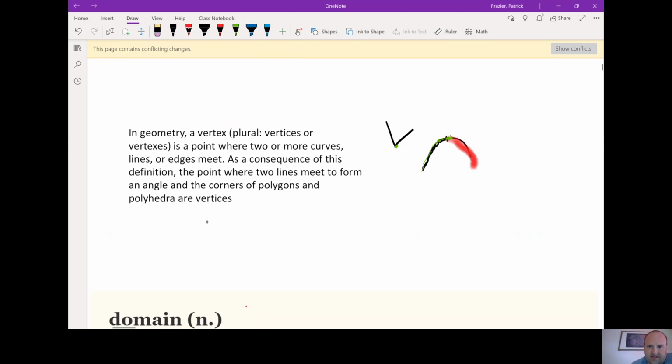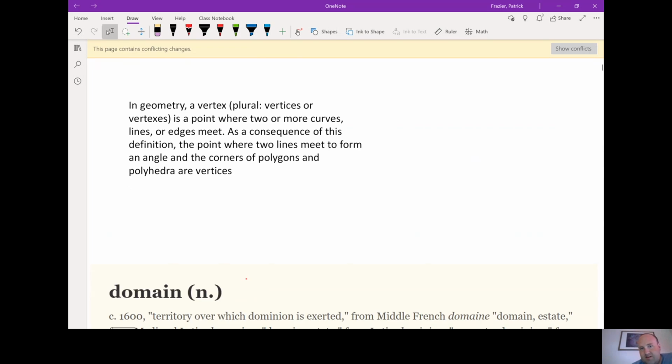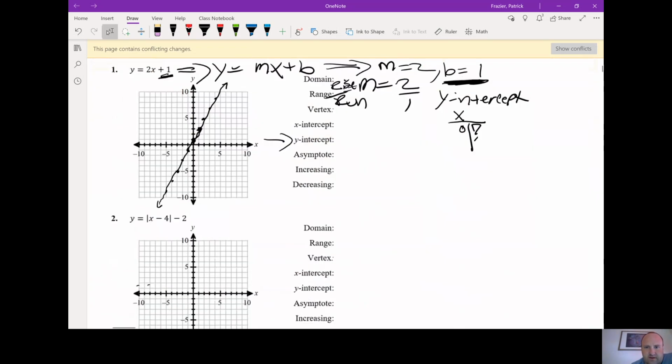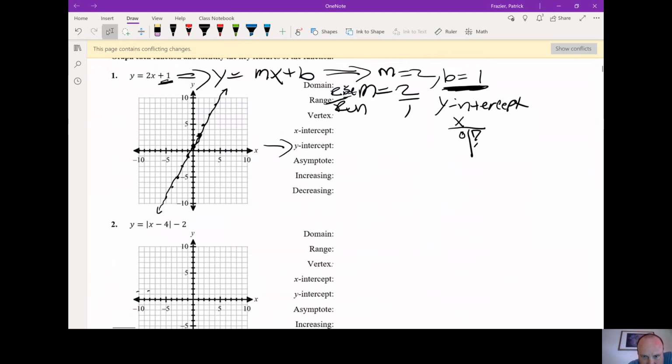But there's nothing like that here. It's just one continual straight line from A to B to C to D, and so forth. So we can say for the vertex, just none.